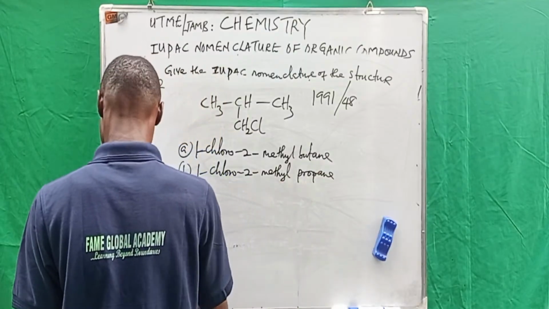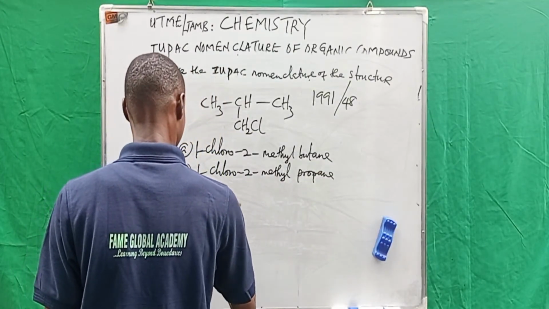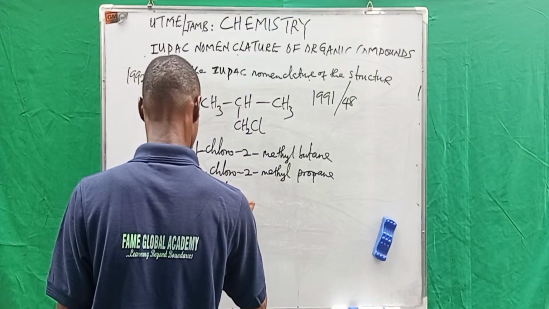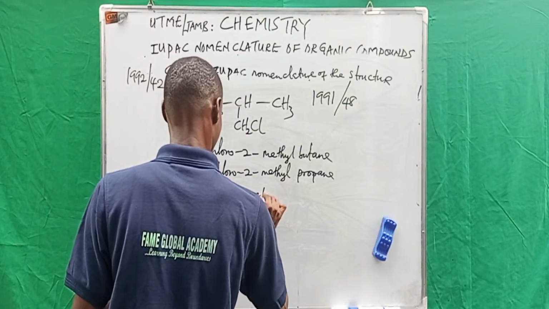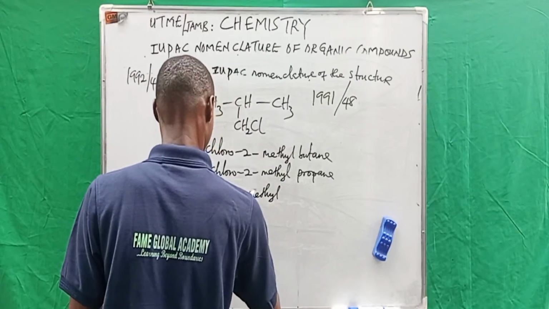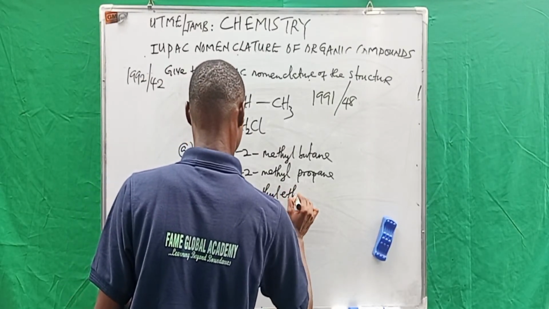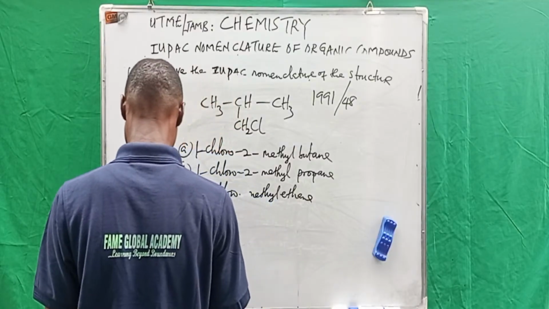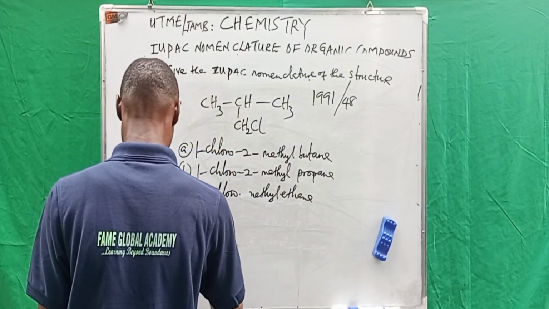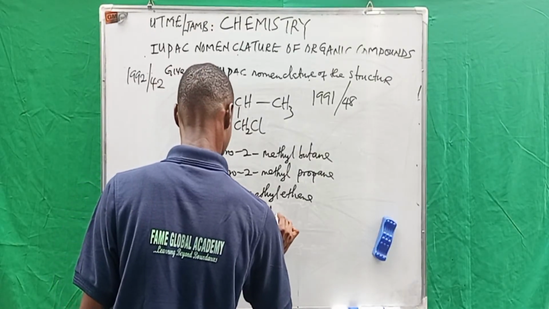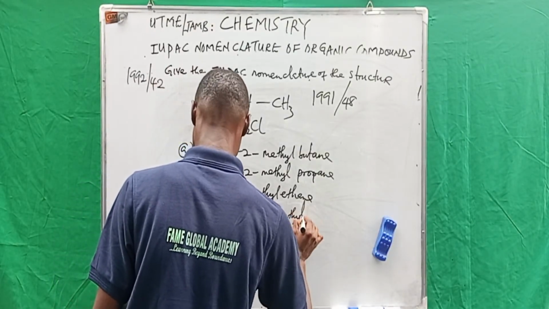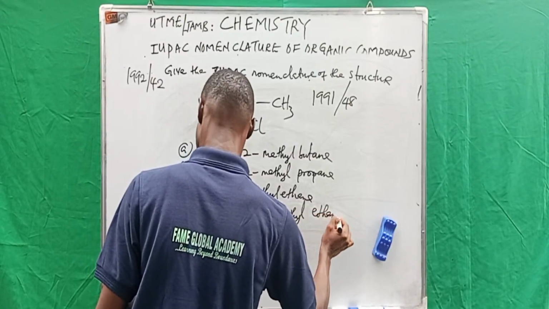Then we have C, 2-chloro-methylethane. And we have D, 1-chloro-2,2-dimethylethane.